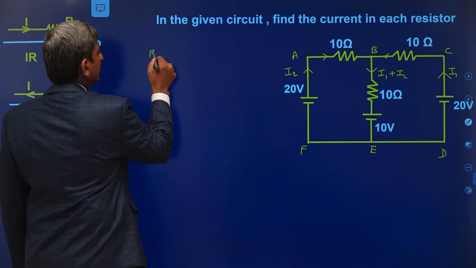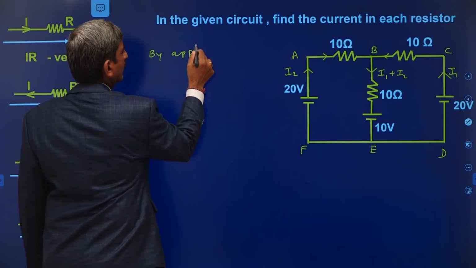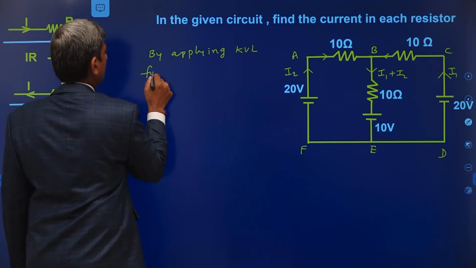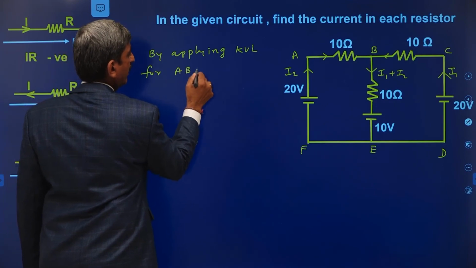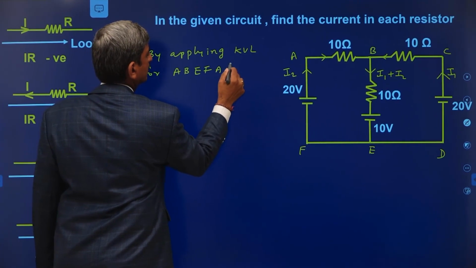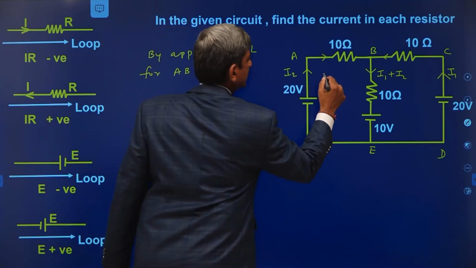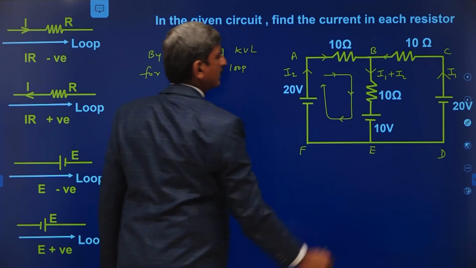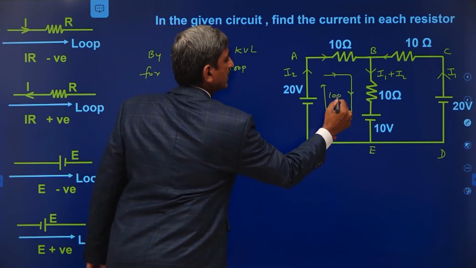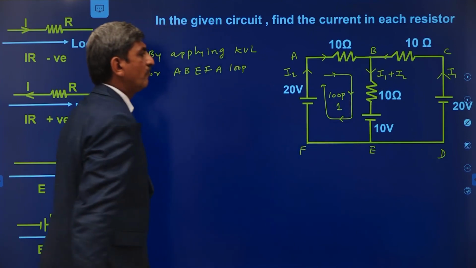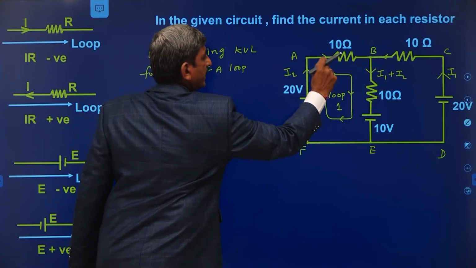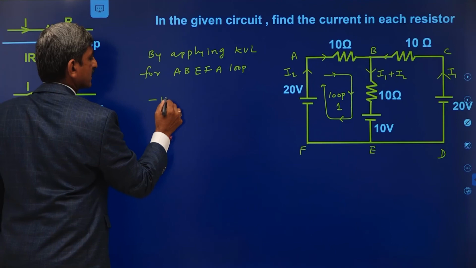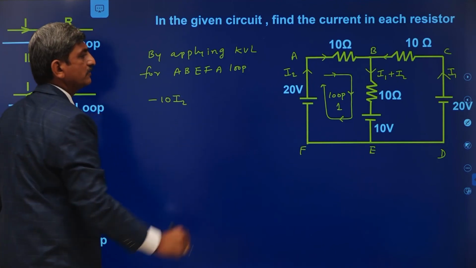So by applying KVL for the ABEFA loop, this is the ABEFA loop, so this is loop 1. From A to B, the direction of the current and the loop are in the same direction, so minus 10 I2.